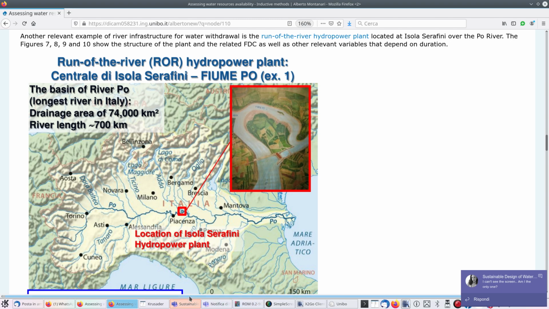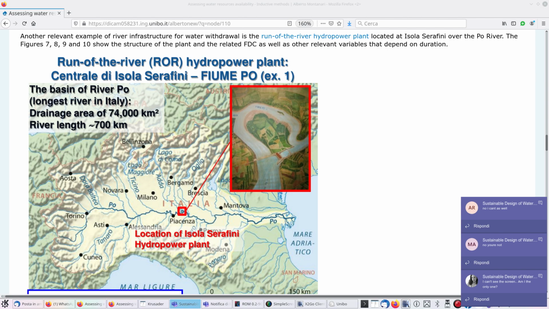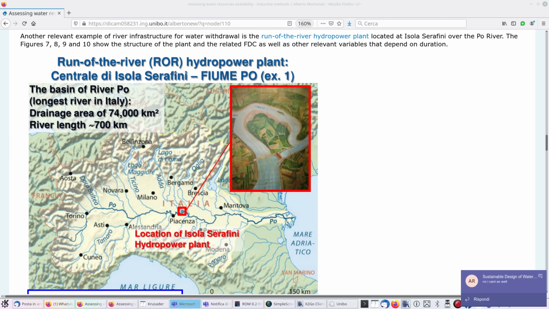Yeah, you can see the screen because I forgot to, sorry, I forgot to share it. Just 1 second. No, you're not the only one, I think. Okay, now you should see.